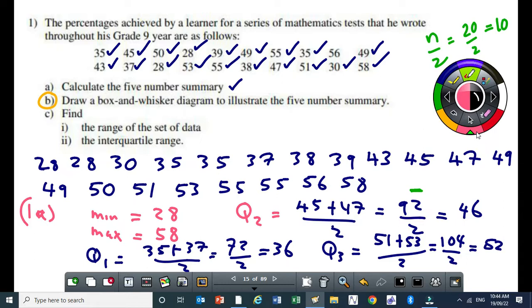Okay. So your 5-number summary, like in this case, the numbers are not arranged in any order, which means you have to rearrange them. Right? So I rearrange them here in the correct order. Okay, from the smallest to the largest.